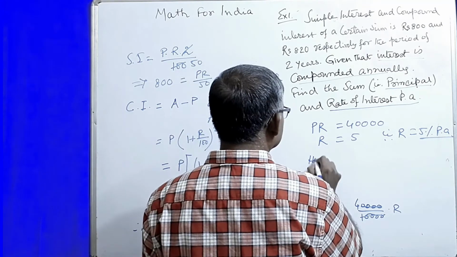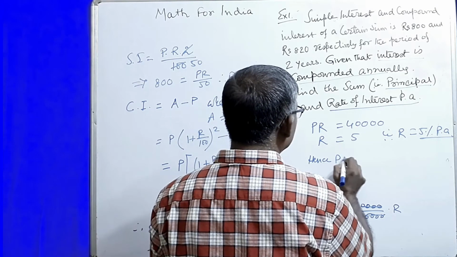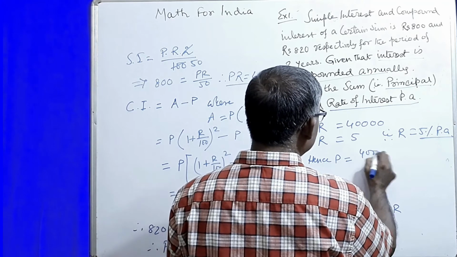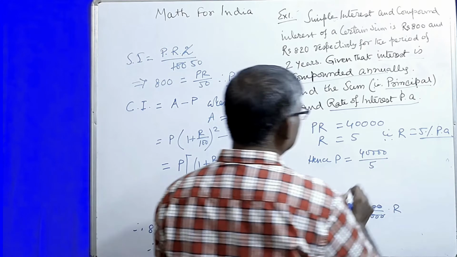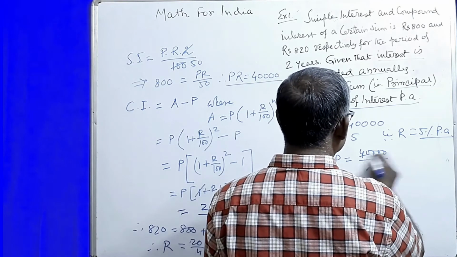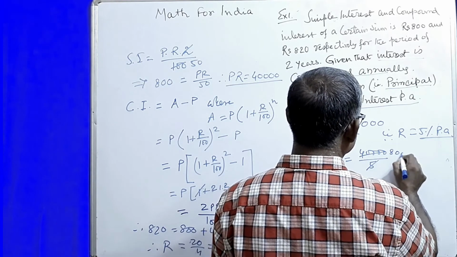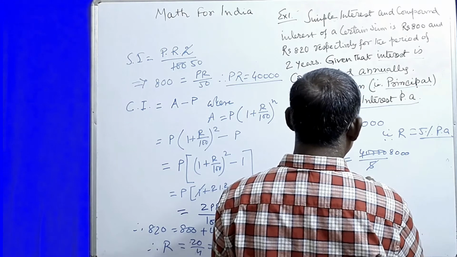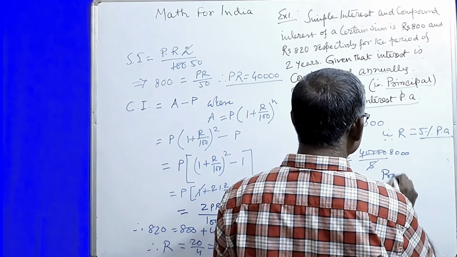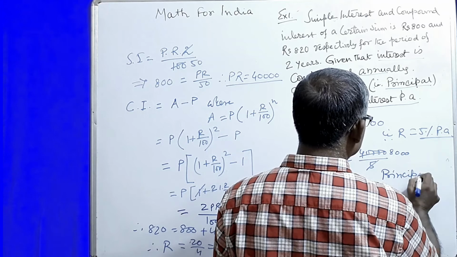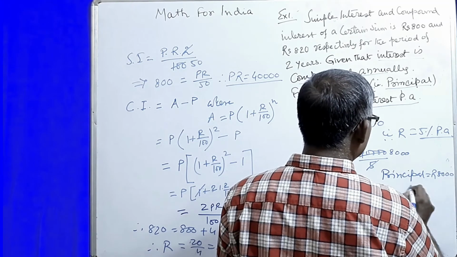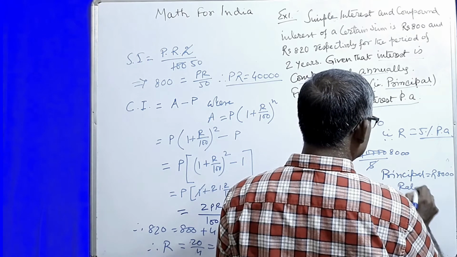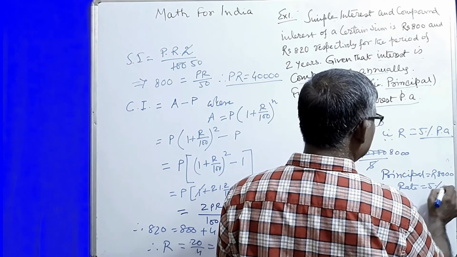Hence, P equal to 40,000 by 5. That is 8,000. Therefore, principal is rupees 8,000 and rate equal to 5% per annum.